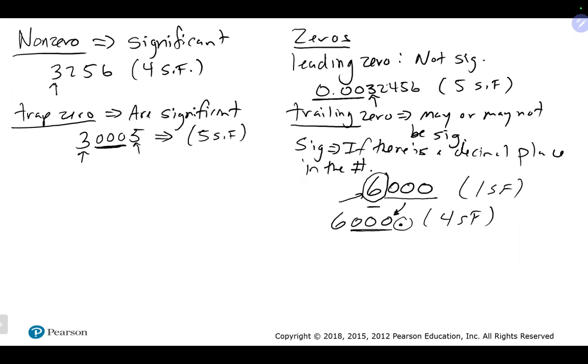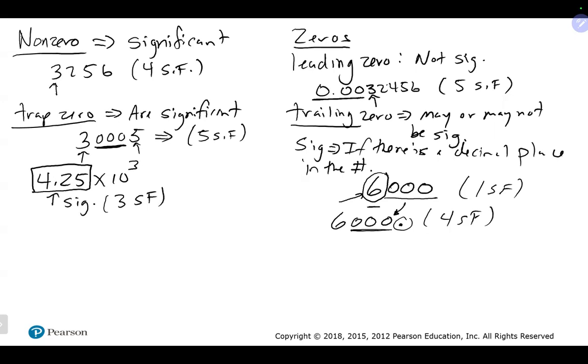We also talked about exact numbers, that they could have an unlimited number of significant figures. So we'll talk about that in just a second in terms of calculation. But we also talked about scientific notation, and a reminder that if you have a number that's written in scientific notation, all of the numbers before the times 10 part are significant, which means this guy would have 3 significant figures.